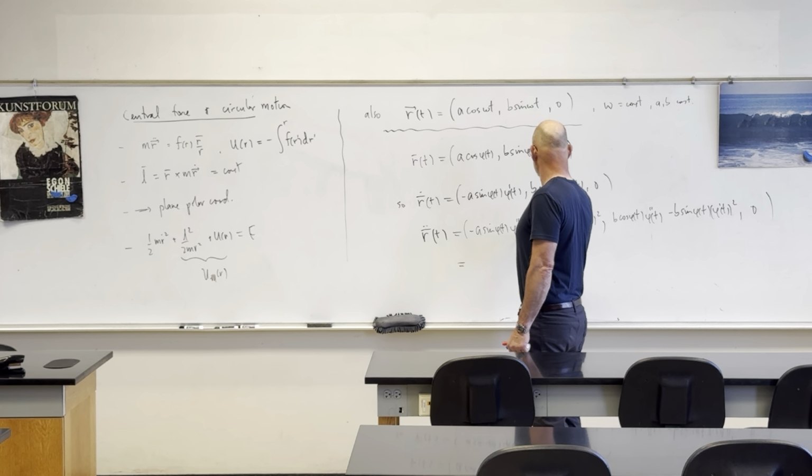Here's what I'm going to do. I'm dealing with this one: minus phi prime of t squared times a cos phi of t, b sine phi of t, and 0.